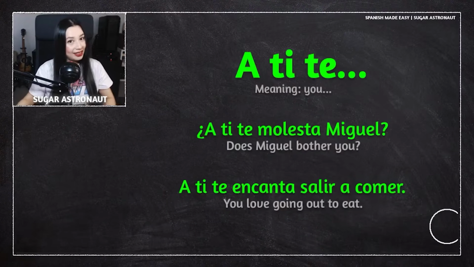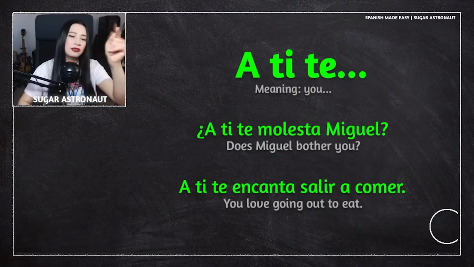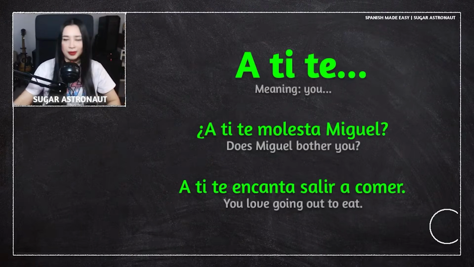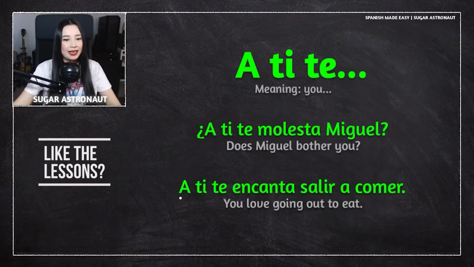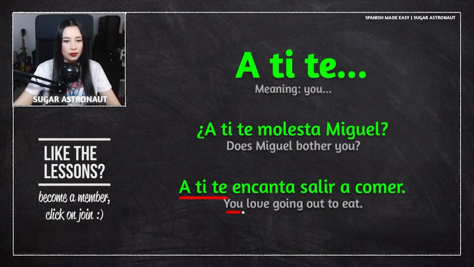¿A ti te encanta salir a comer? Okay, so that's if you're asking. If you're just saying this, you're saying you love going out to eat. Okay, so very simple, very interesting for sure. A ti te, you, okay, very simple.